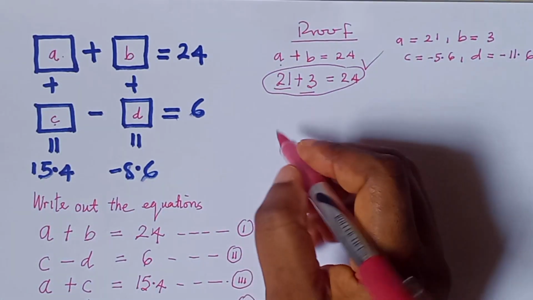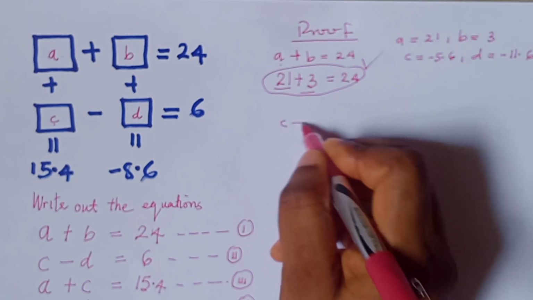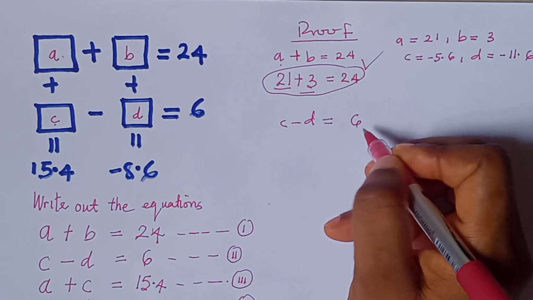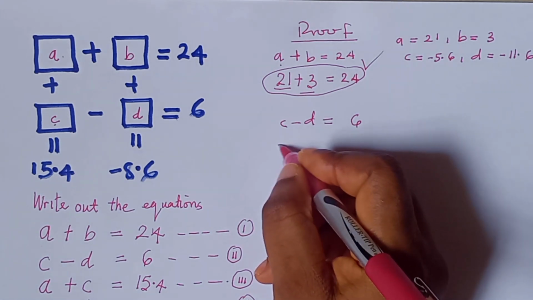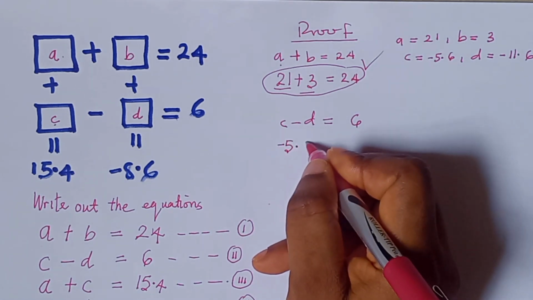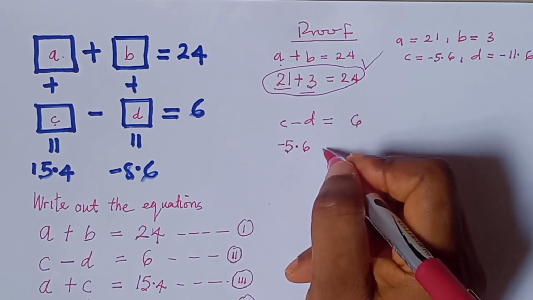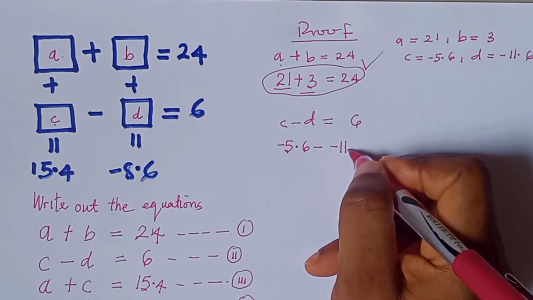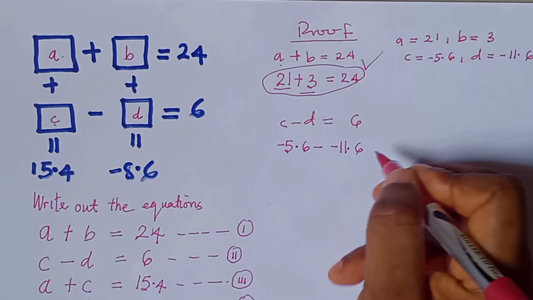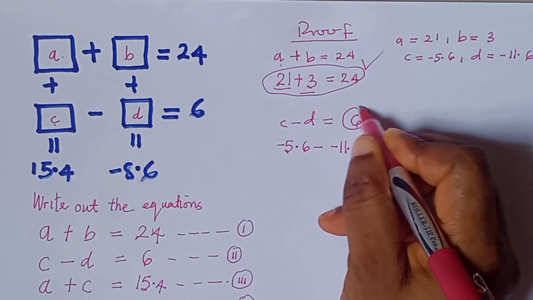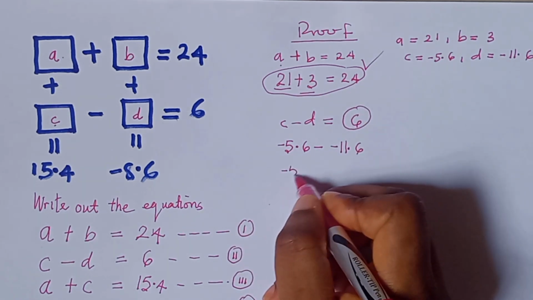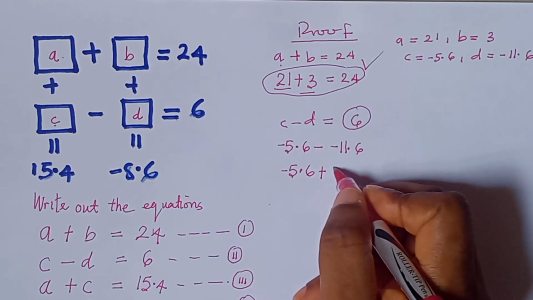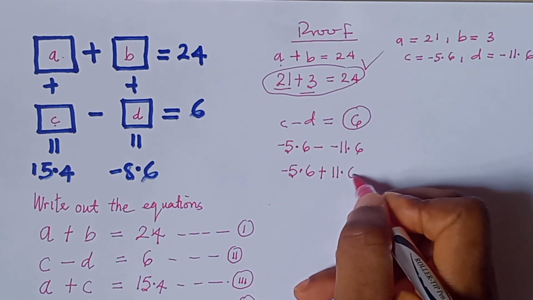Now we take C minus D. C minus D is 6 here. Our C is minus 5.6. Here minus, our D is minus 11.6. So can we have our 6 by adding this? So we have minus 5.6 minus minus is plus 11.6.